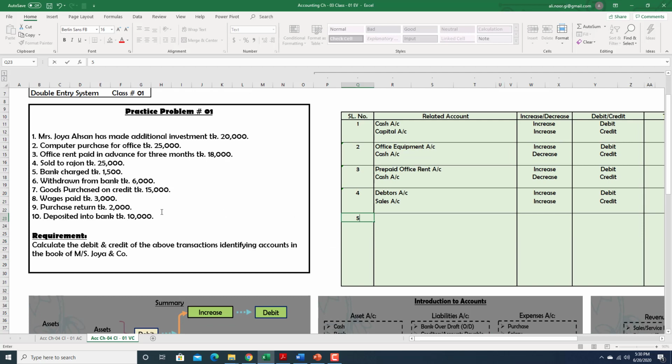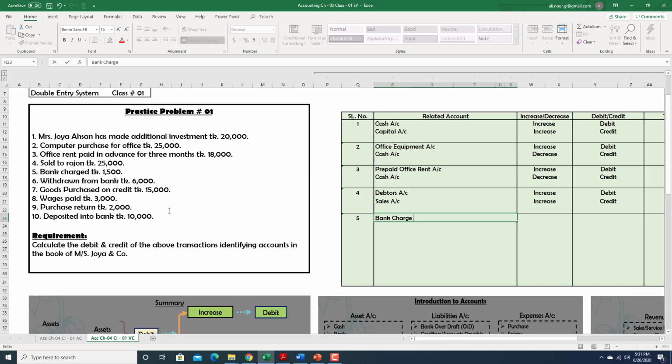Bank charge taka 1500. Bank charge taka 1500 means the bank has taken away 1500 taka from our bank account. That means the amount in our bank account reduced because of this charge, and bank charge is an expense account, so we have to write the related account as bank charge.